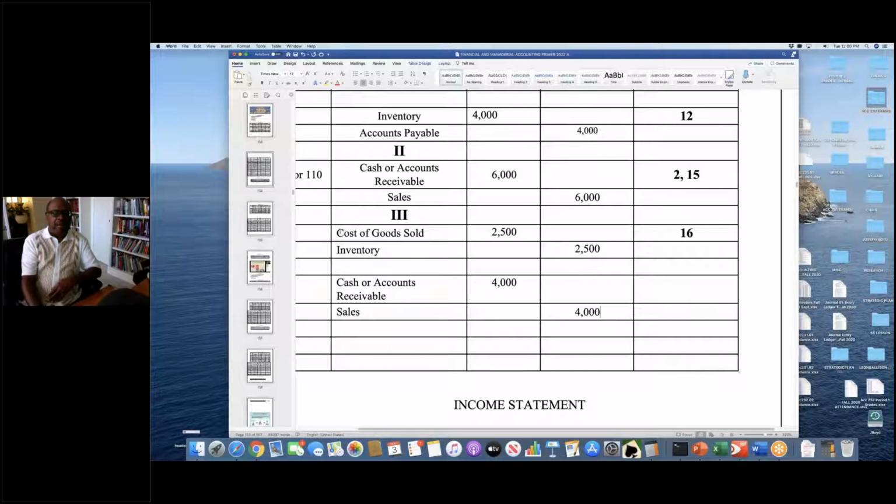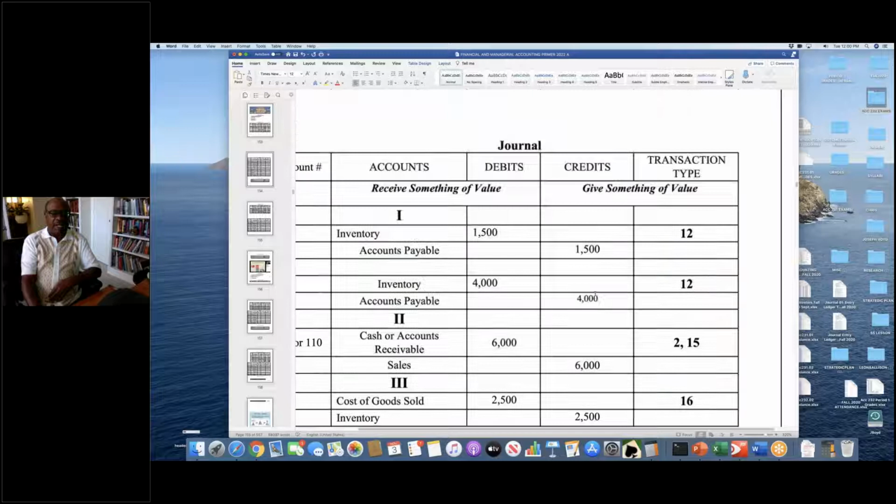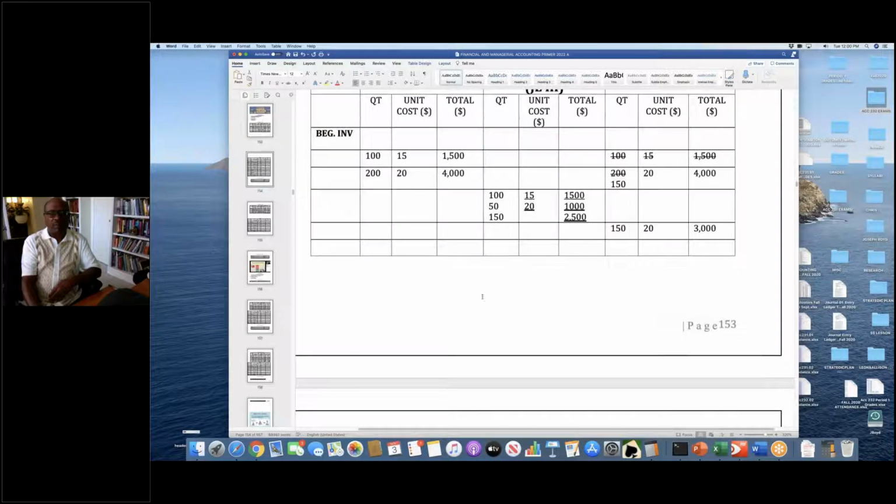And now we've got to make this entry, entry 2. We'll go back up to our chart. What do we see?